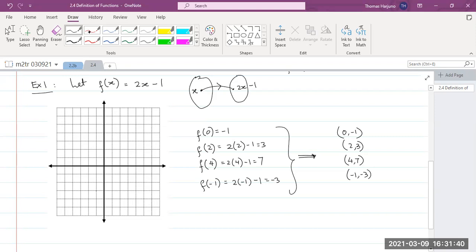So when I plot them, (-1, -3), (0, -1), (2, 3), (4, 7), then we will get this graph. And you can see this is actually a linear equation, a linear function. We call that a linear function because when we graph that, it looks like a line. It gives us a line.